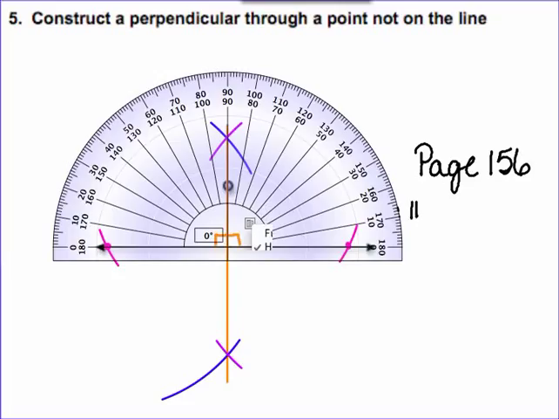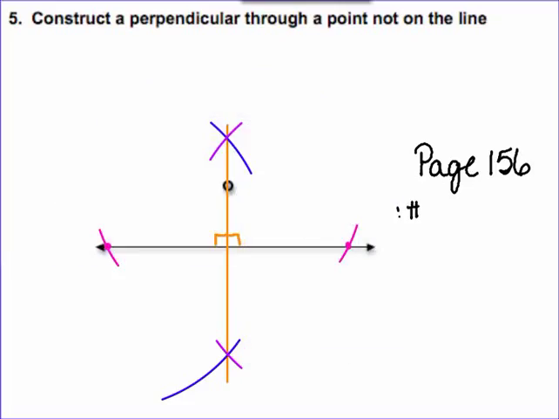I have to close out the protractor. On the lesson? Page 156, 1, 2, 3, and 5. And you have the rest of the time to work. If you have questions, please ask.